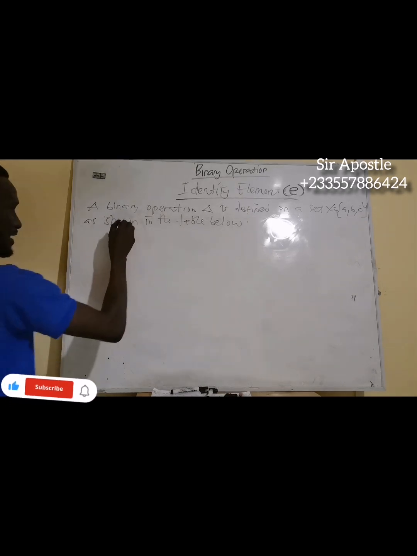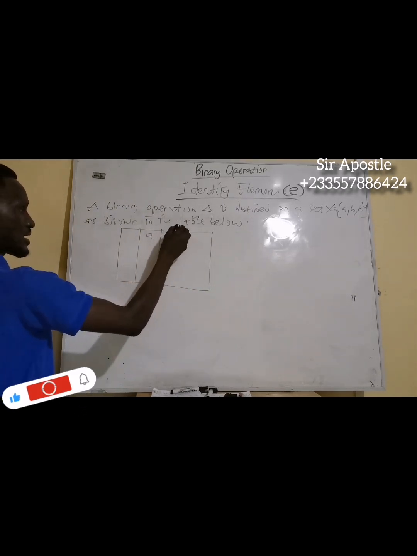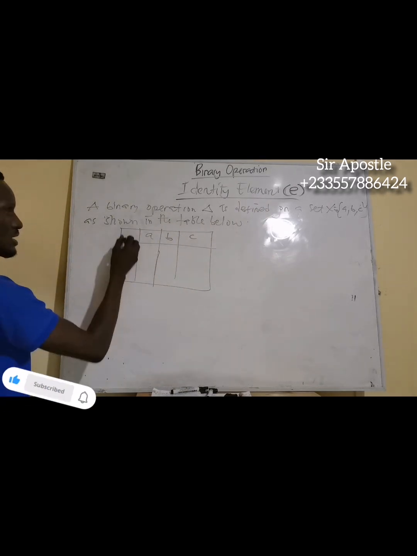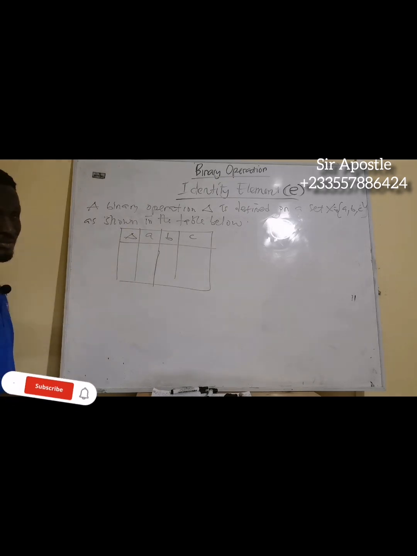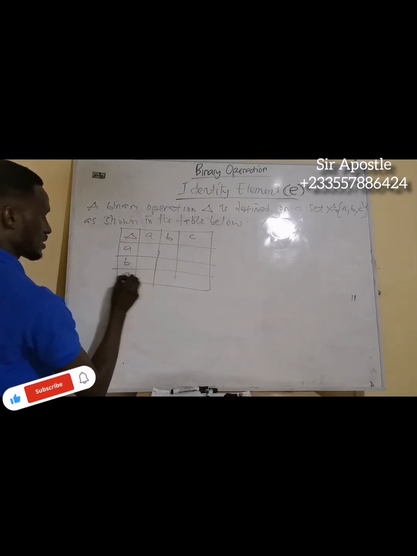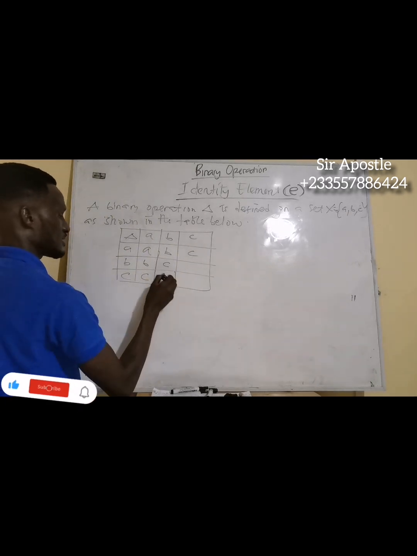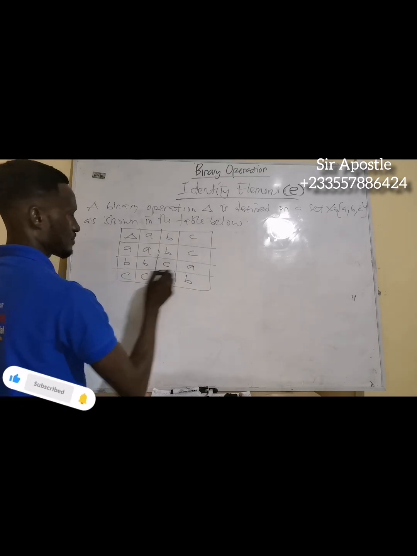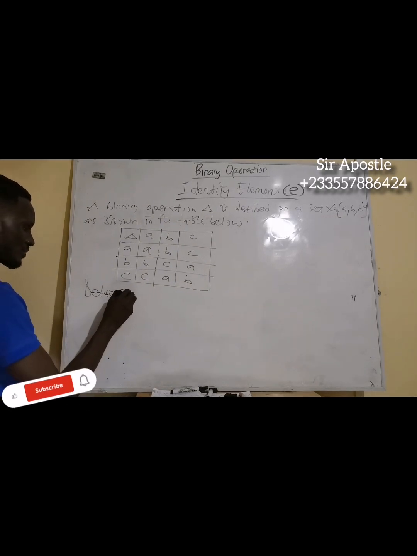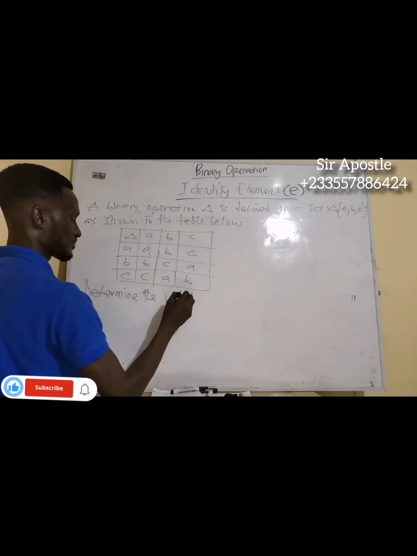So we have a table like this. The table contains A, B, C. Now the operation is triangle. So I want to just fill it. Now let's say here is A, B, C, here is B, C, A, here is C, A, B. Determine the identity element.